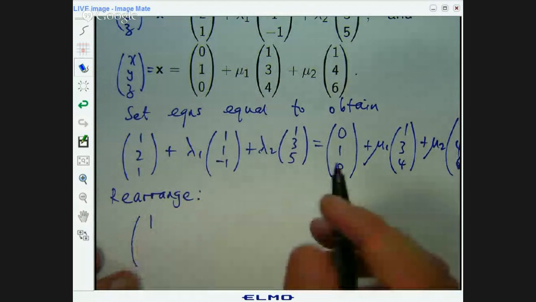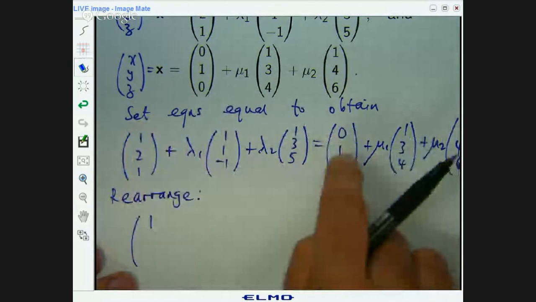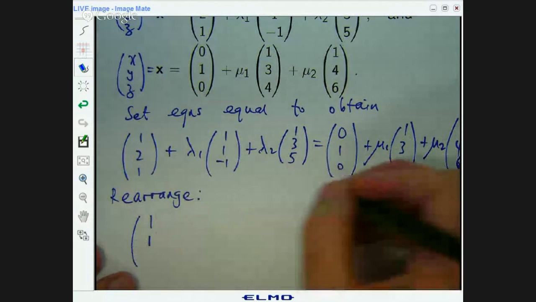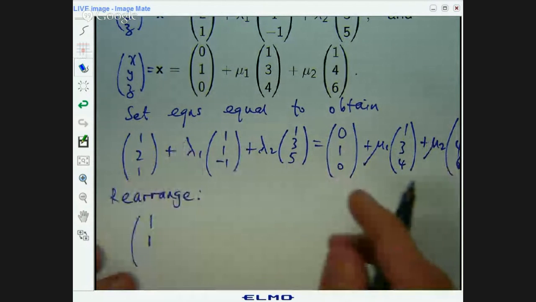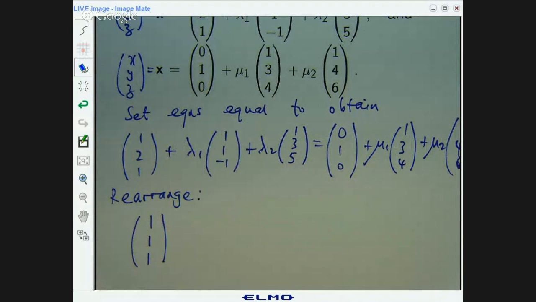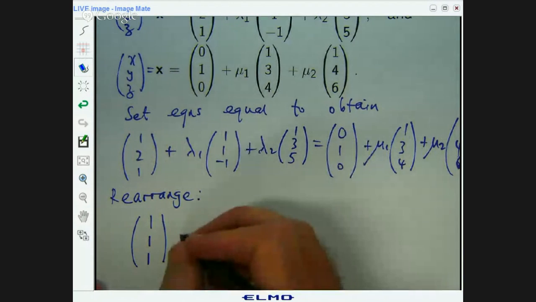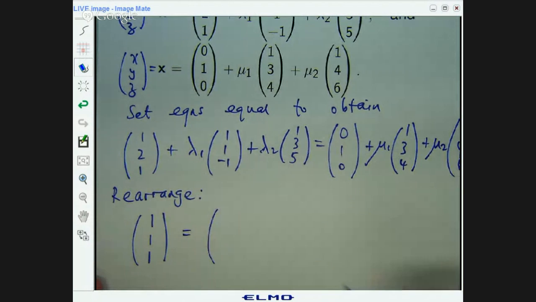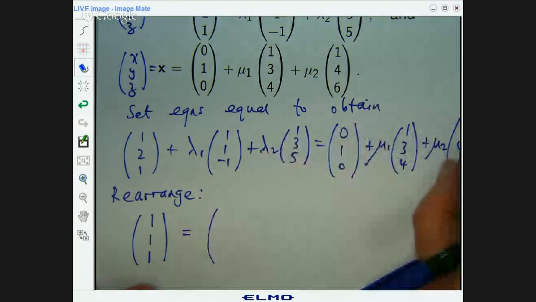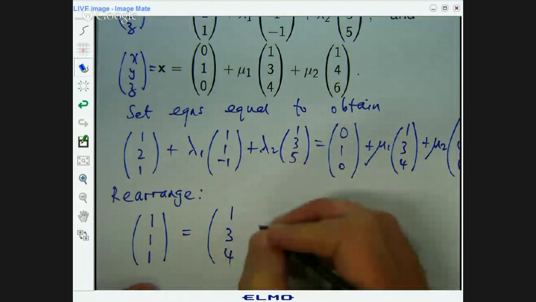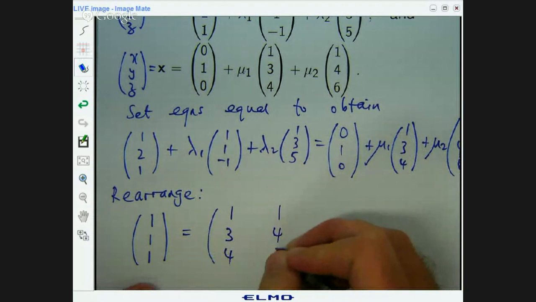On one side I'll get 1, 1, 1. And on the other side, I'm going to get something like: let's bring this over here, and we'll write it this way. 1, 3, 4. 1, 4, 6.